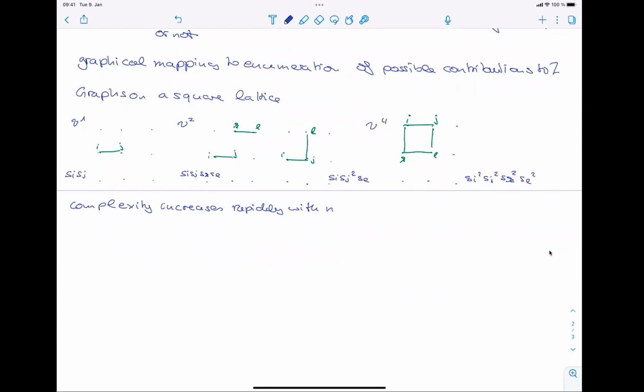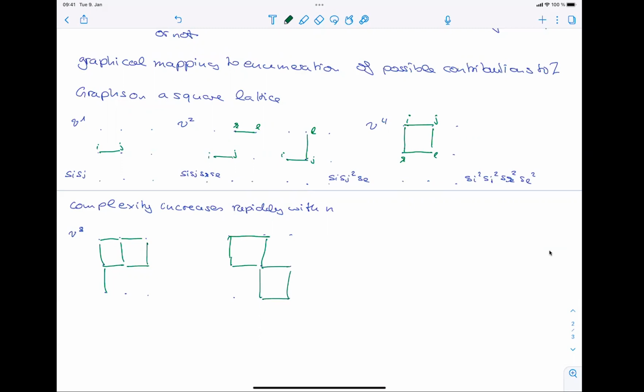So for example, if I consider v to the 8, I have 8 bonds that I could put down, for example, as 1, 2, 3, 4, 5, 6, 7, 8, or in another arrangement.